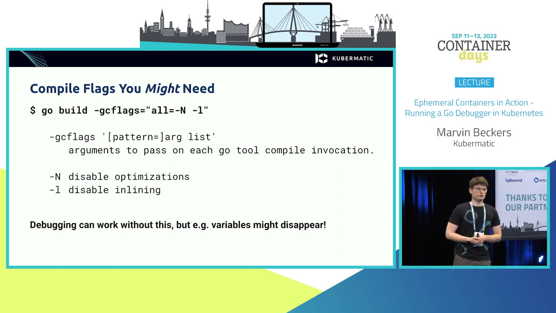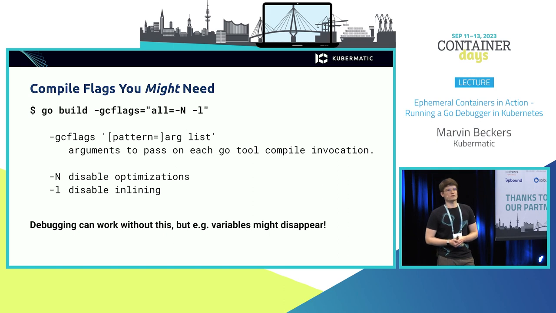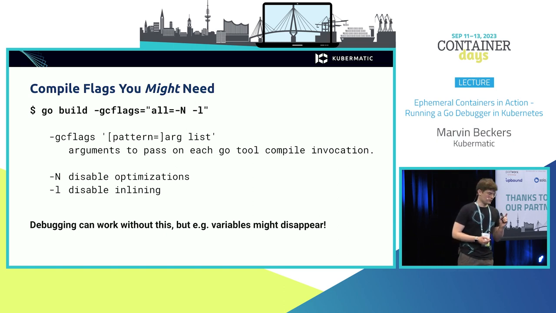Because Go debugging works mostly by saying, I want to look at a specific breakpoint on a specific line in the source files, and because the compiler might mess with your code before building the binary, that line is actually not that line anymore in the final build.